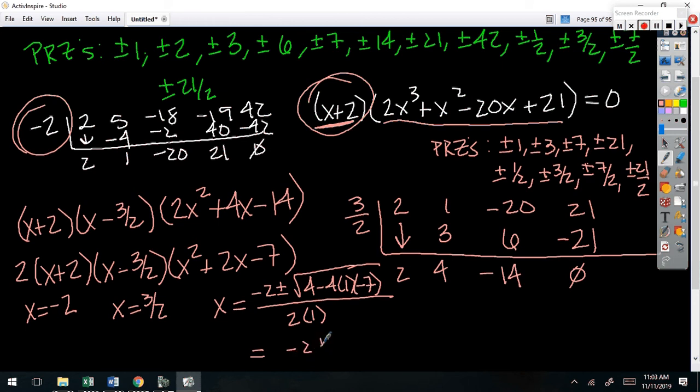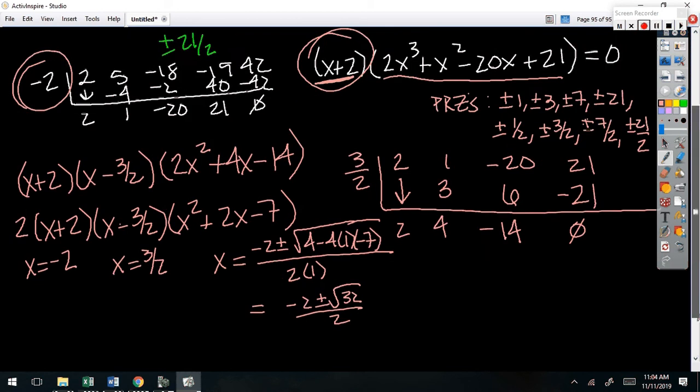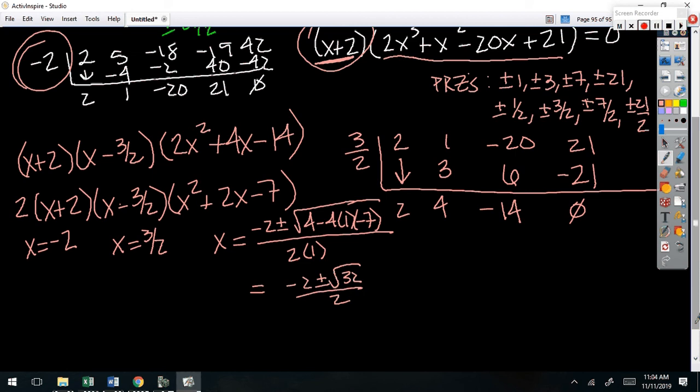4 plus 28, 32. Oh, I'm going to be able to simplify this, y'all. You're not going to like that. Right? I can take a 4 out. Actually, 16. Yes, you can after, but it's going to have to come out of this radical part one too.